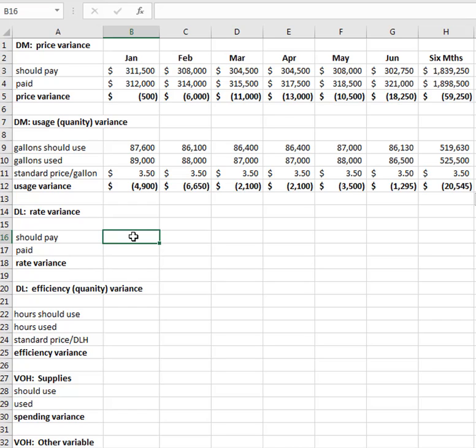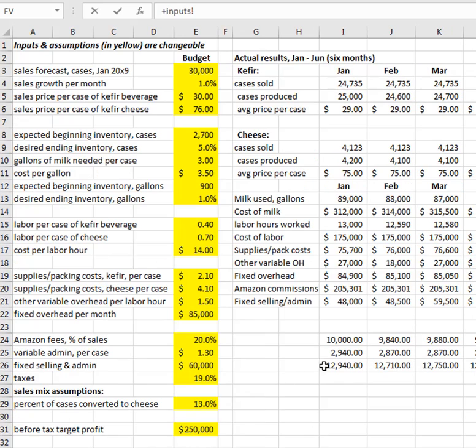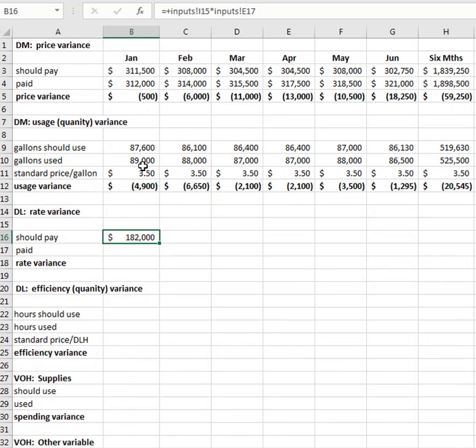All right, let's look at the labor. So what should they have paid for labor? All right, so let's see, how many hours did they work? And what labor rate should they have paid? Where's our labor? There we go. All right, so let's anchor our labor rate and then pull that over.